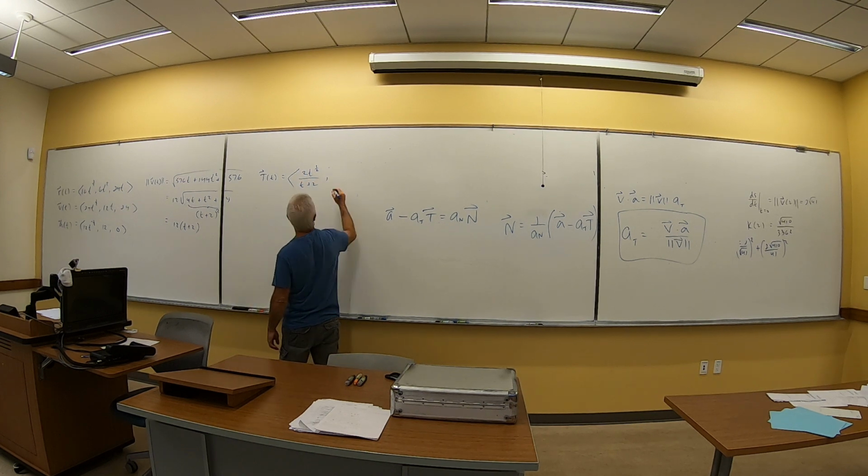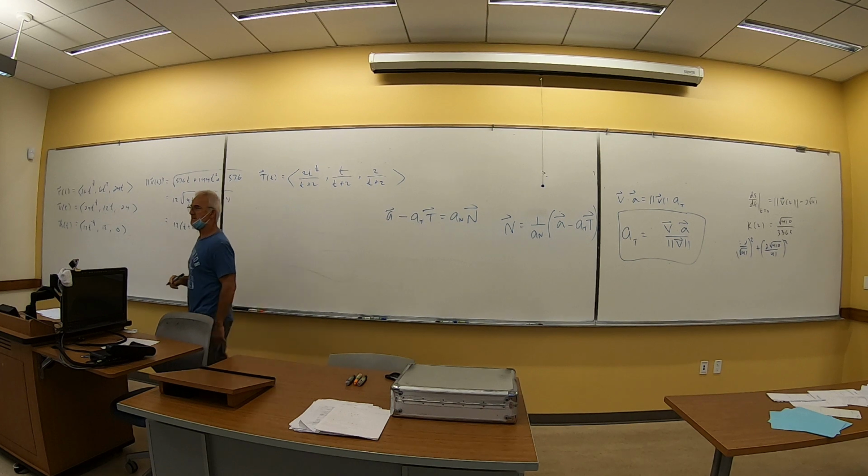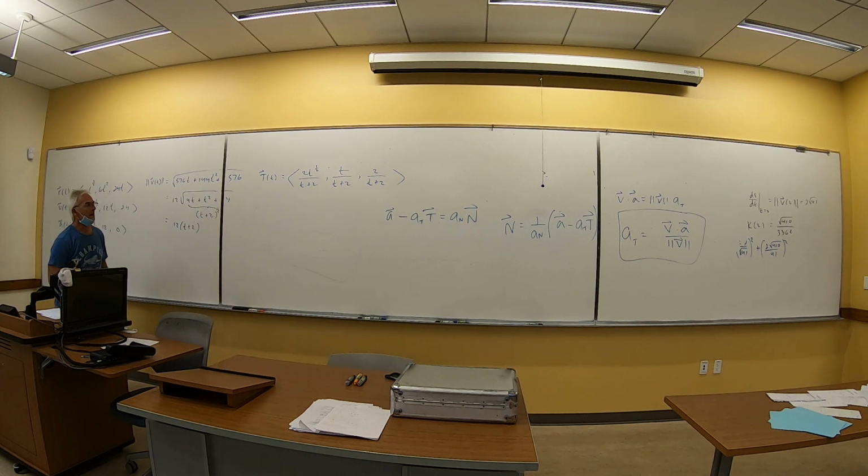I'm going to get t over t plus 2, and I'm going to get 2 over t plus 2. Does that look correct? I think I did it right. Is it possible that that's not correct?